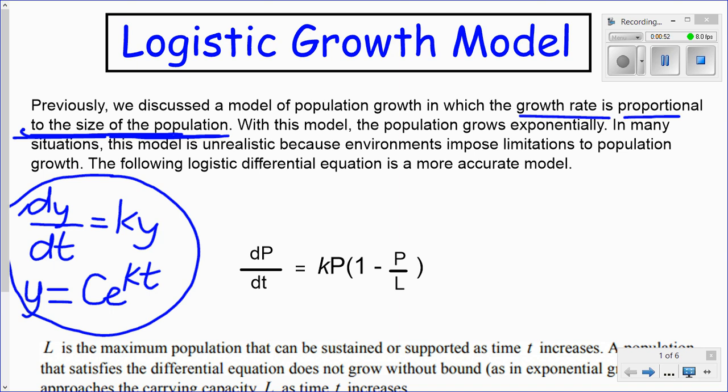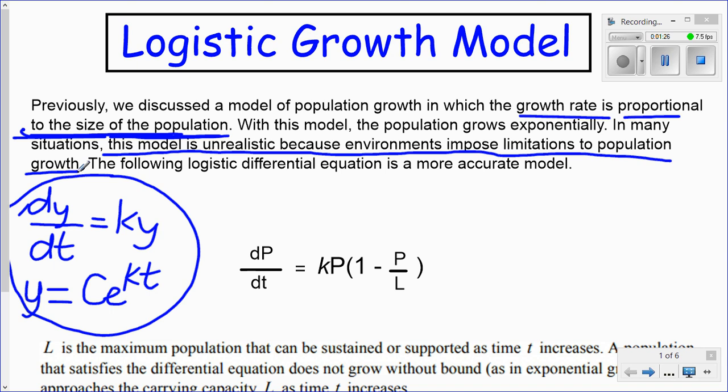The problem with this model, though, is that in many situations it's unrealistic, because in this model your population would keep growing exponentially forever. But that's often not possible, because at some point the environment cannot sustain that population growth anymore. Okay, so in many situations this model is unrealistic because environments impose limitations to population growth.